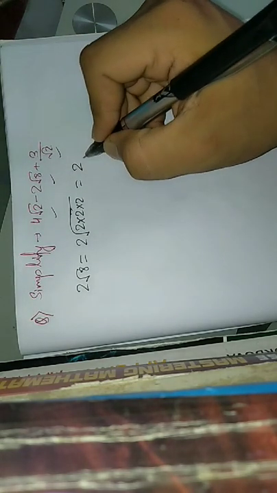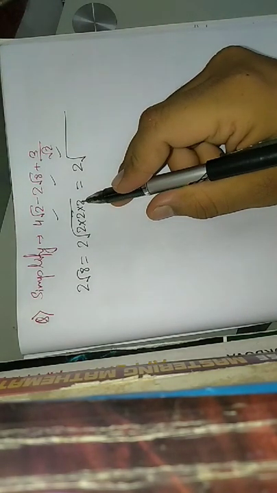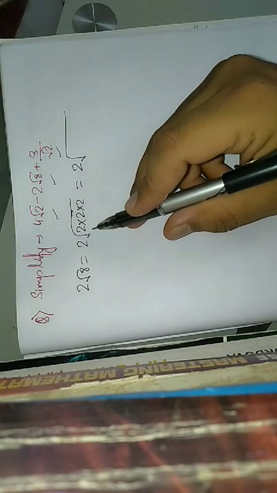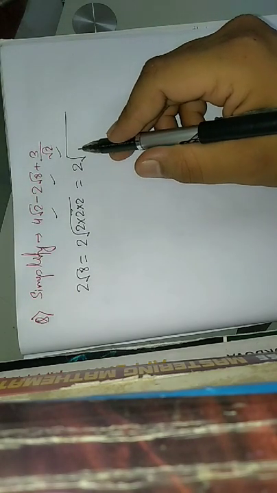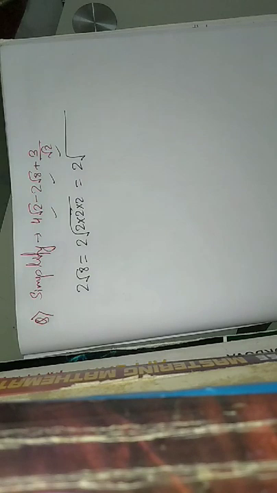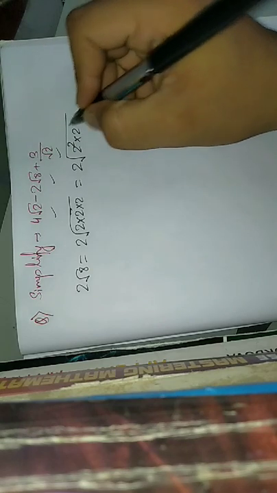So this is 2 cube, and this is a square root. So I cannot express it as 2 cube. I will try to express it in the multiples of 2. So this can be written as 2 power 2 into 2 power 1.